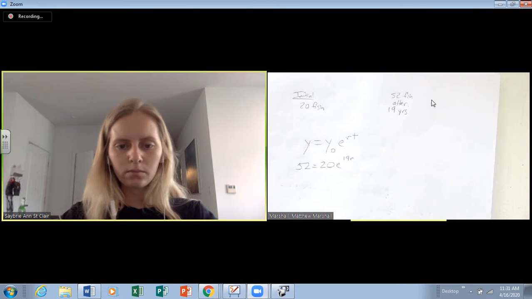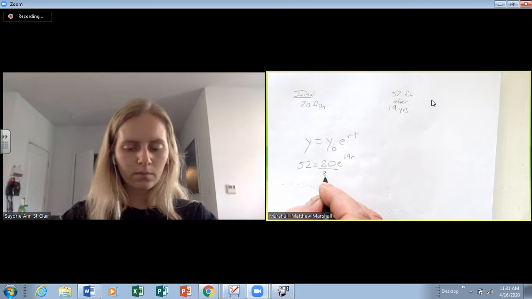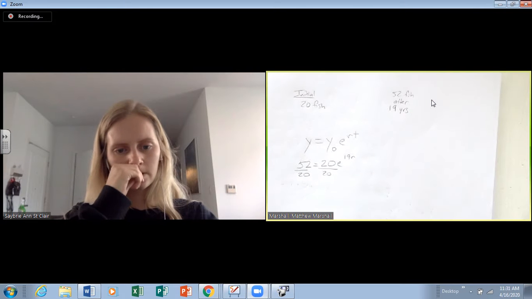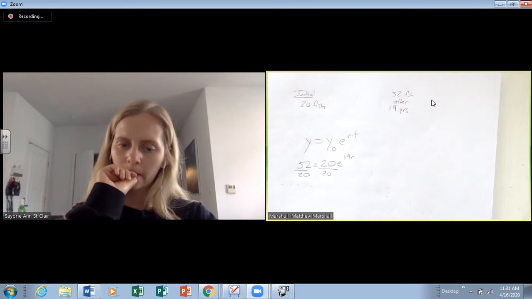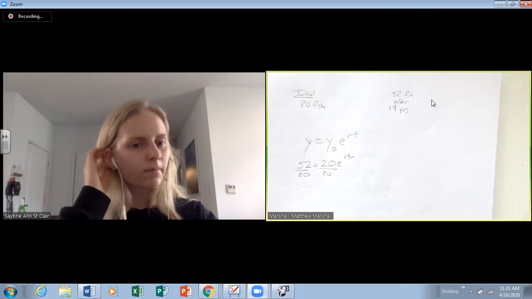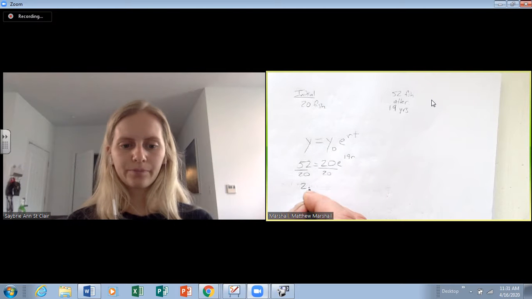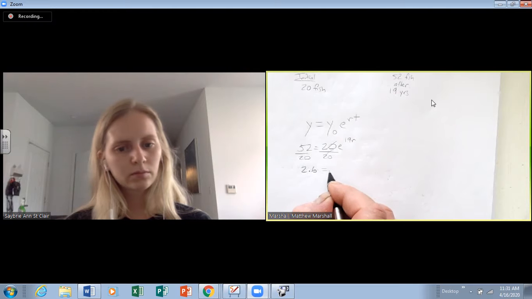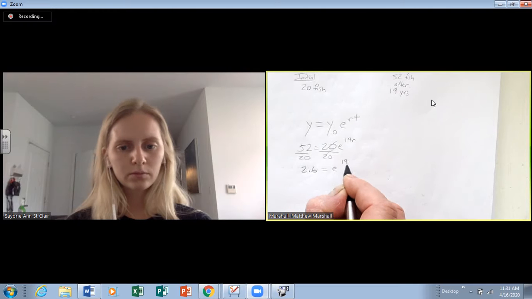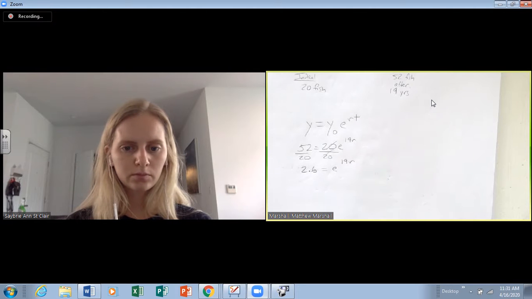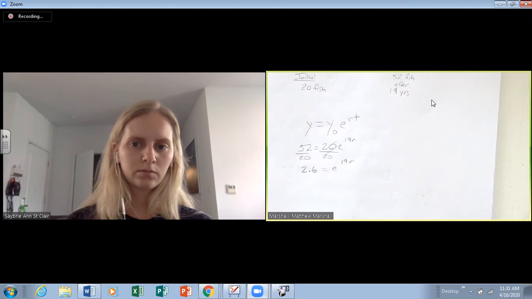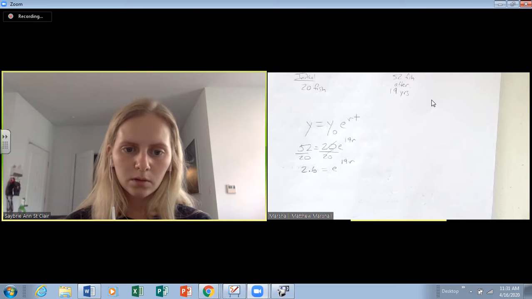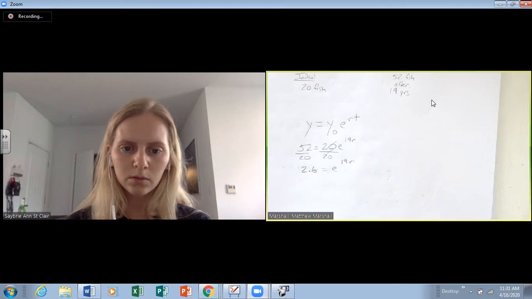So next step, I'm going to divide by 20. And 52 divided by 20 gives me 2.6 equals e to the 19r power. See that? And then next I'm going to start to use the log rules.